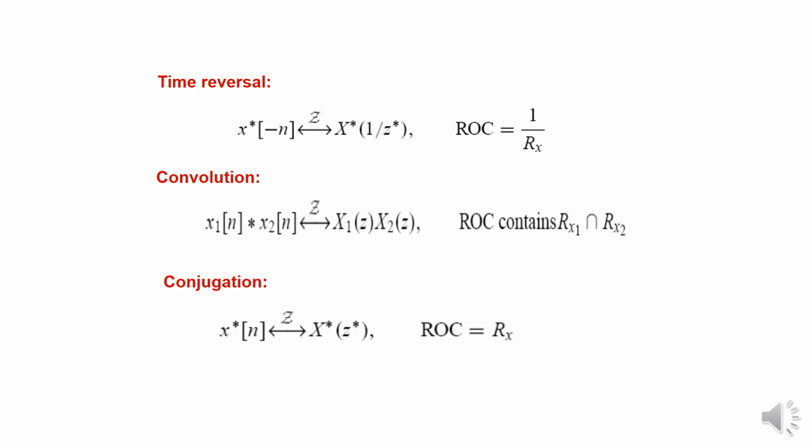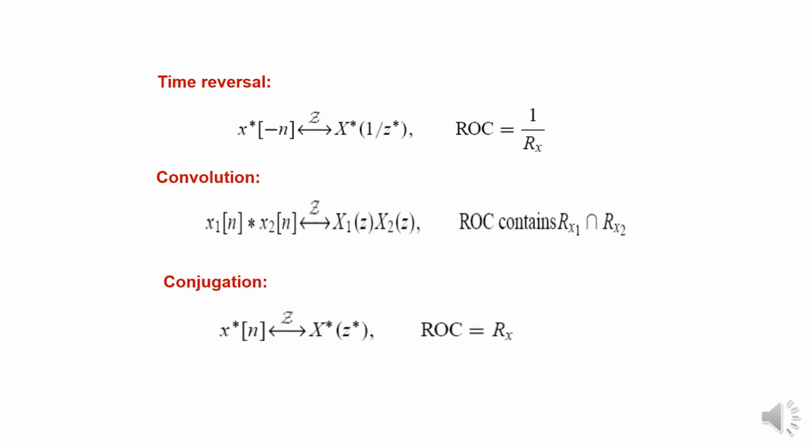Right, here you can see when we have the time reversal, what you have to do is, if you have the Z transform of x[n], which is X(z), you just have to replace z of X(z) by 1 over z in order to find the Z transform of x[-n]. And the ROC will change to 1 over Rx. So this is the time reversal property.